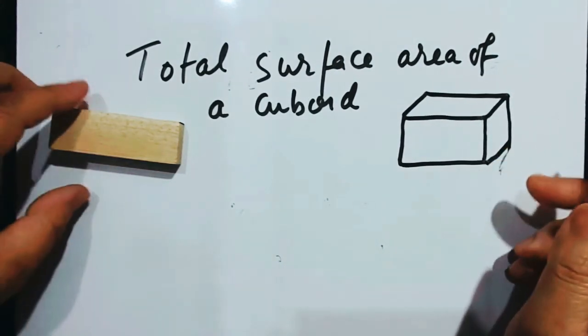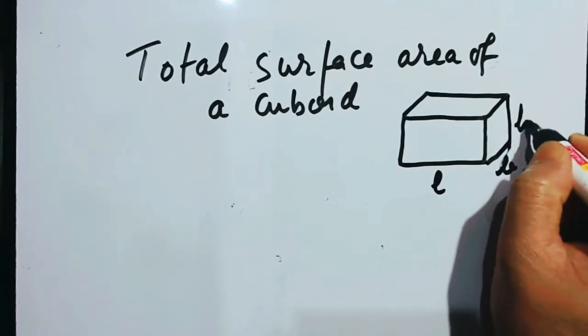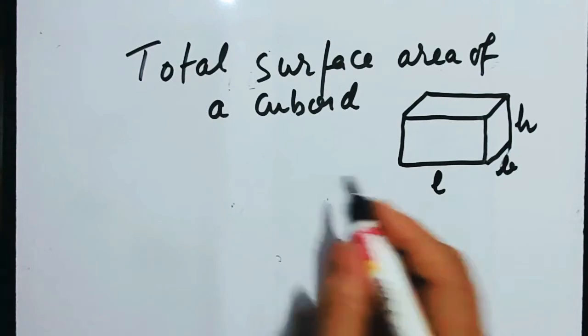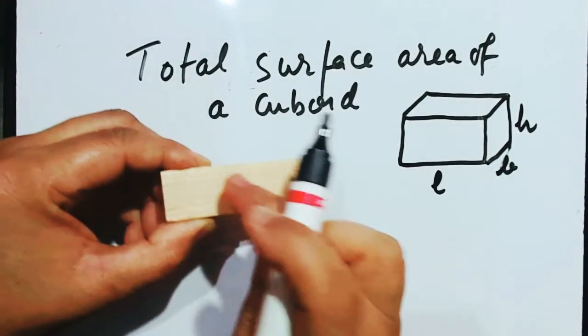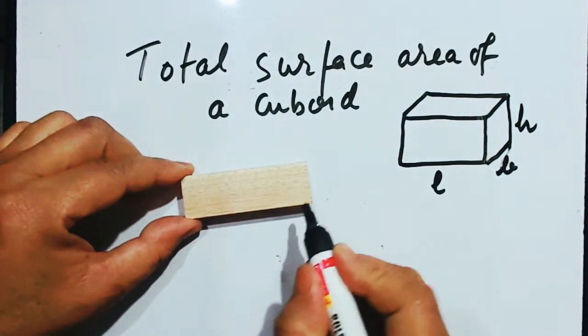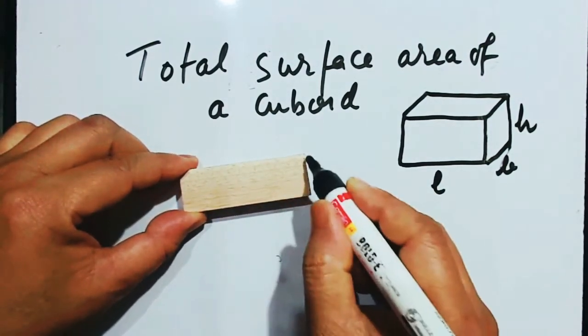If this is your length, this is your breadth, and this is your height, then naturally the front face over here will have its area as length into breadth.